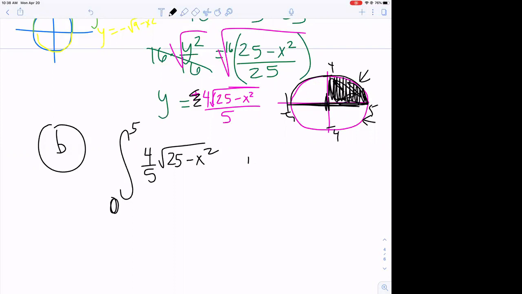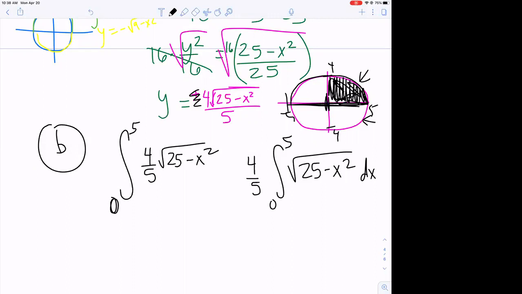I'm trying to think. This might actually have to be something that we nInt, because we could pull the 4/5 out, but without substitution, I would want to use a q and make q x squared, but dq would have a -2x in it, and that's not anywhere else.